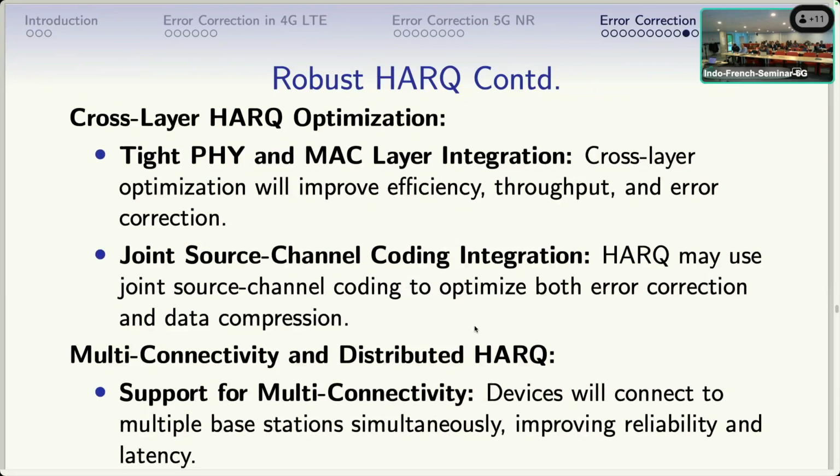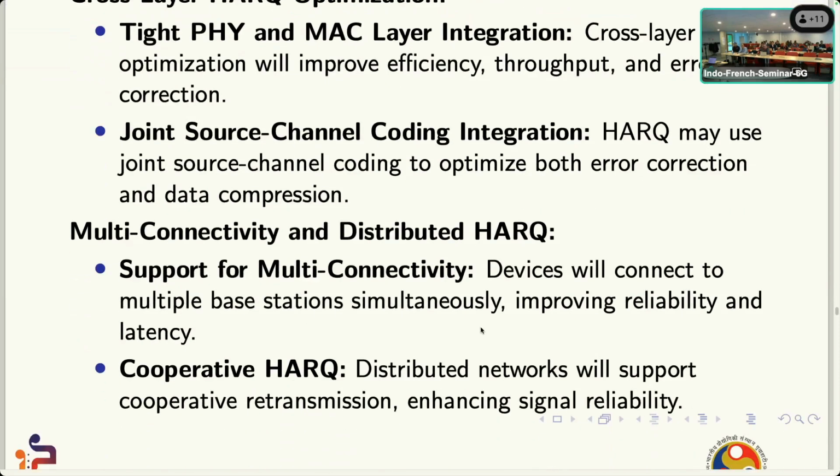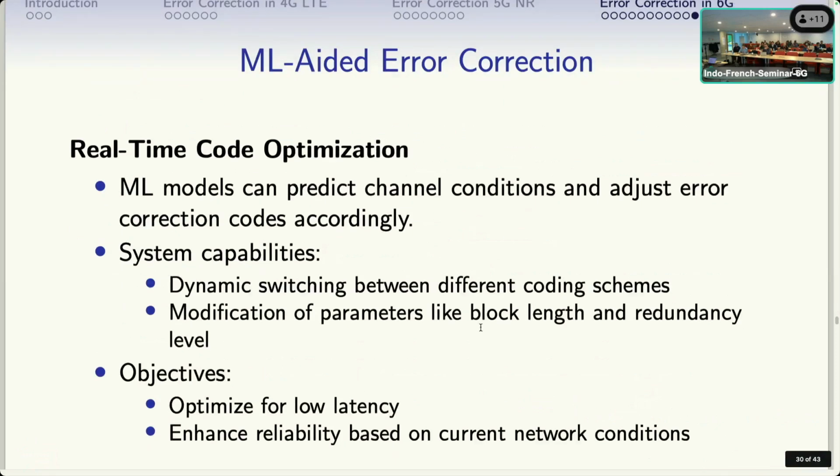And also we'll try to have multiple connectivity and distributed HARQ, where multiple stations will address the retransmission part. And in this cooperative setting, some already connected users can make a retransmission request in between, so that we can improve the signal reliability. And yeah, this is what I wanted to say about the HARQ part.